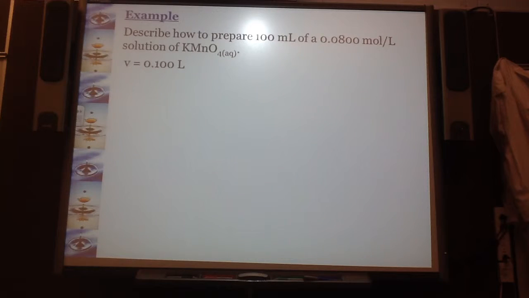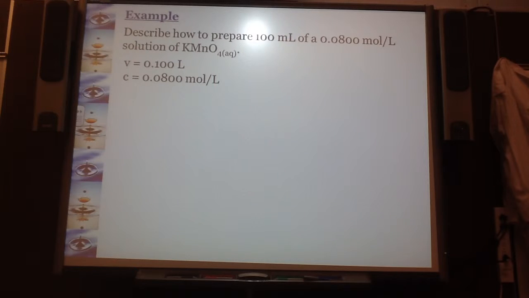Okay, so say for example, we're asked to describe how to prepare 100 mL of 0.8 mole per liter solution of potassium permanganate. So we write out everything that we know, okay? So we know we have to have a volume of 0.1 liters. So that's all I can use.